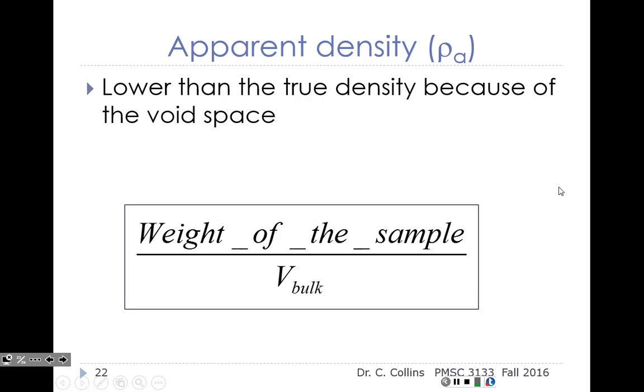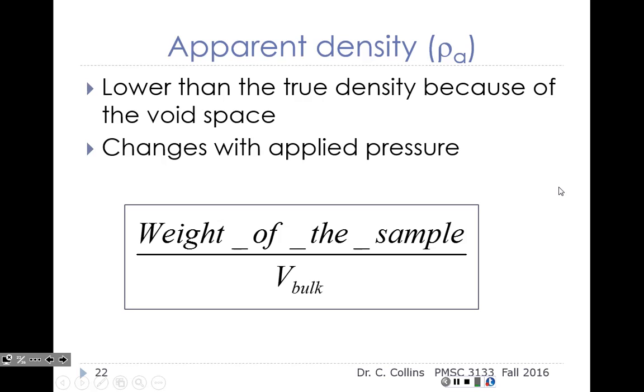So you may have expected a certain packing of material based upon its true density, but because some air is incorporated into the system, that's where the apparent density comes in. This changes with applied pressure, and of course, theoretically, the highest the apparent density can be is the true density, and that's if you had no void spaces.